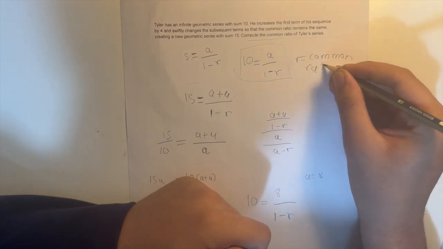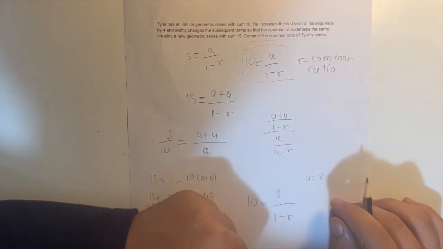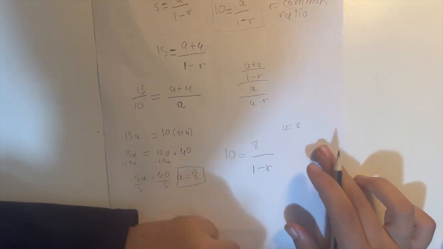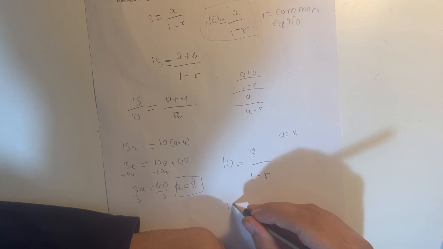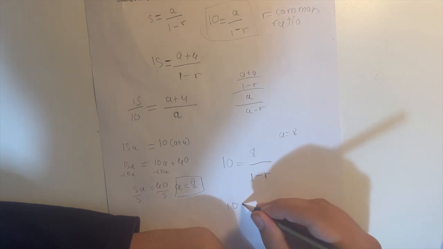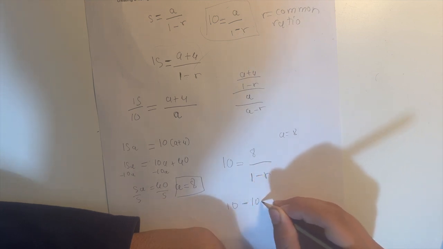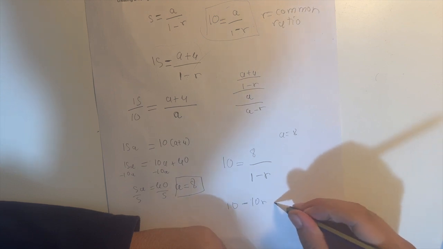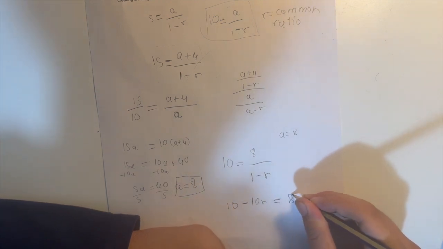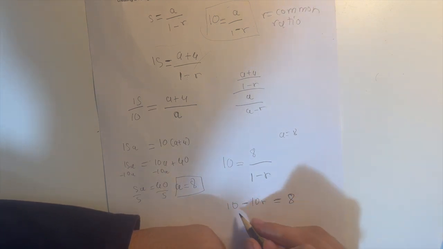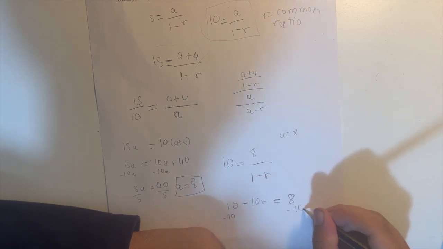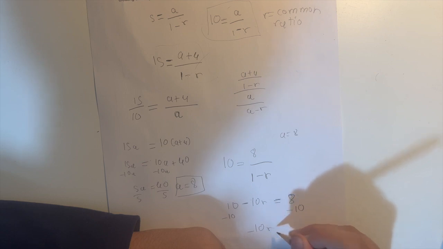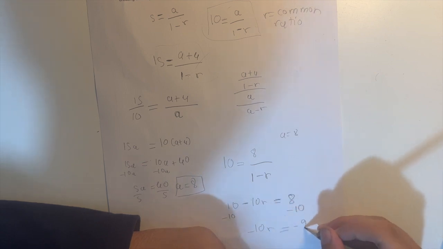So what we're going to try to do is isolate the R variable in this equation. I'm going to do cross multiplication. So 10 times 1 minus R gives us 10 minus 10R is equal to 8. I'm going to subtract 10 from both sides. We get negative 10R is equal to negative 2.